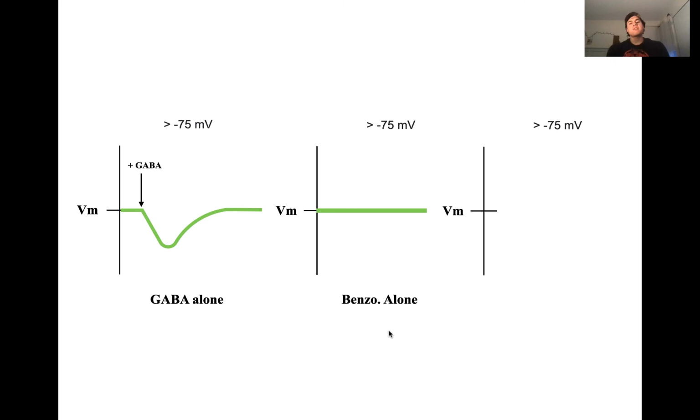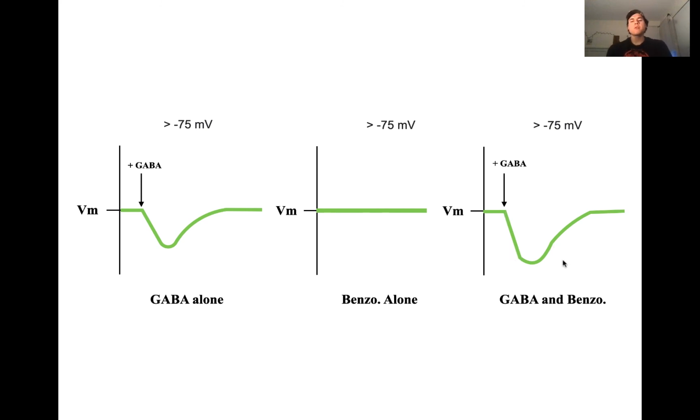So in order to see the effect of benzodiazepines upon the GABA receptor, we have to expose the GABA receptor to GABA as well. So in the 3rd trial, we're going to be exposing our GABA receptor to both GABA and benzodiazepines. So let's take a look at the effect. So what we see is that when we expose the cell to GABA, the cell will hyperpolarize and come back to rest.